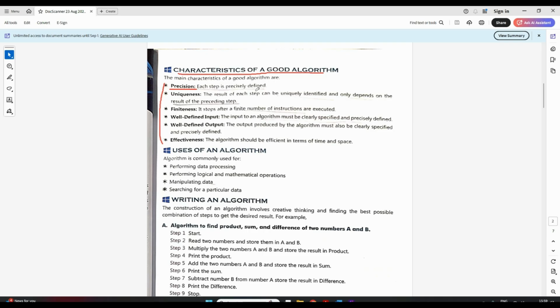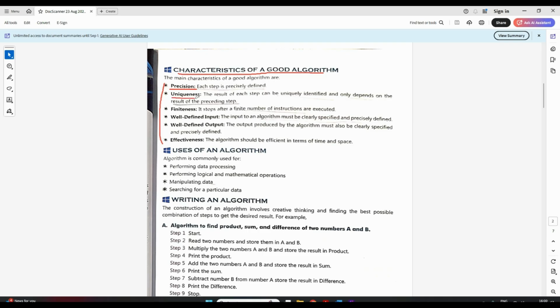In making a cake, you define each step precisely. Take 10 grams of flour, mix 2 tablespoons of sugar into that, 1 spoon of cocoa powder. You define each of your steps very precisely. So a good algorithm should have each step precisely defined.